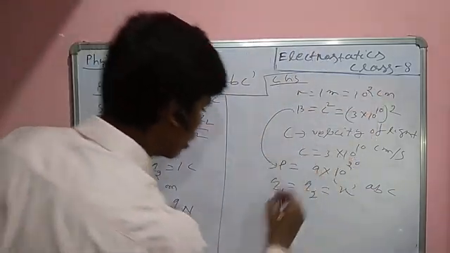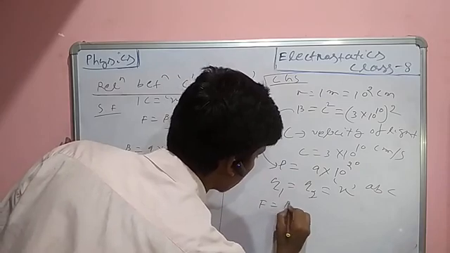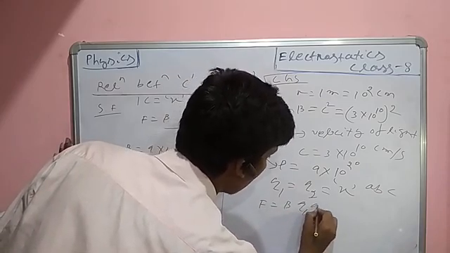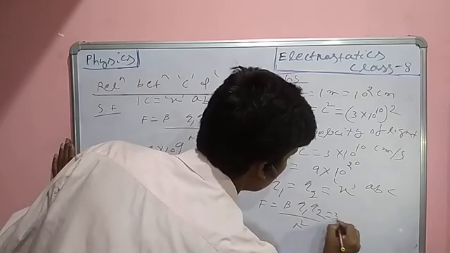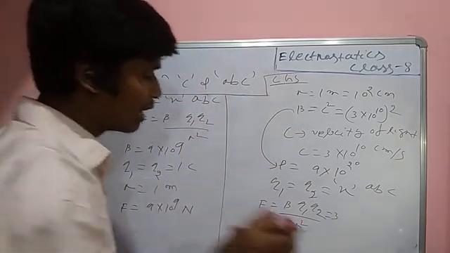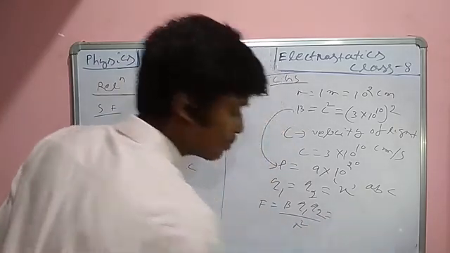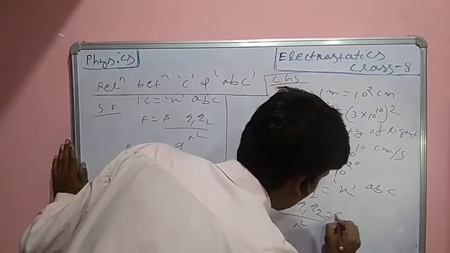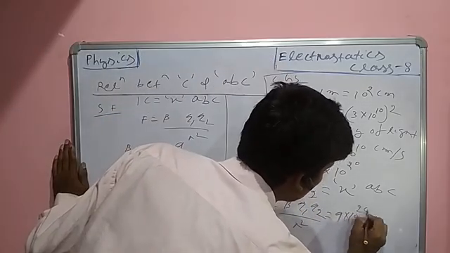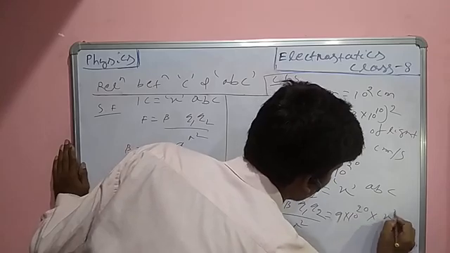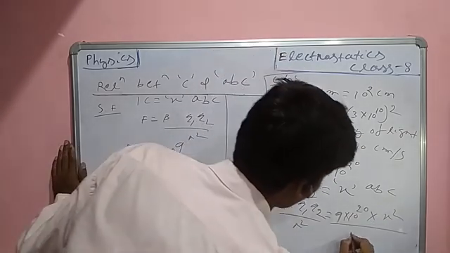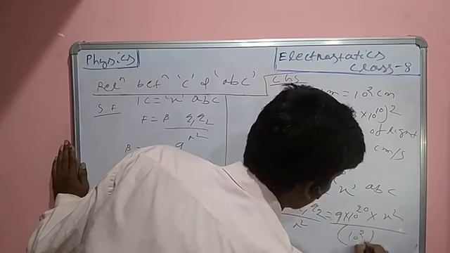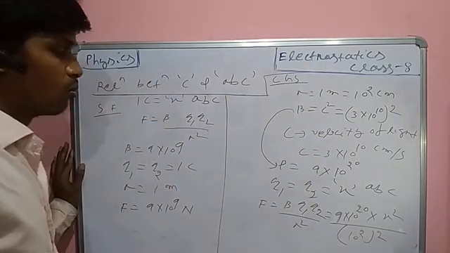So F is equal to beta Q1 Q2 by R square. Value of beta is 9 into 10 to the power 20 into X square by 10 to the power 10 whole square. Yes or no? We can write.